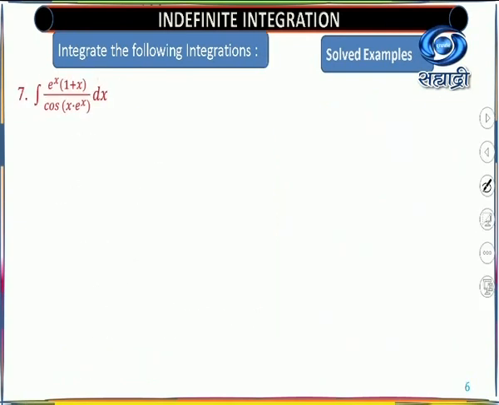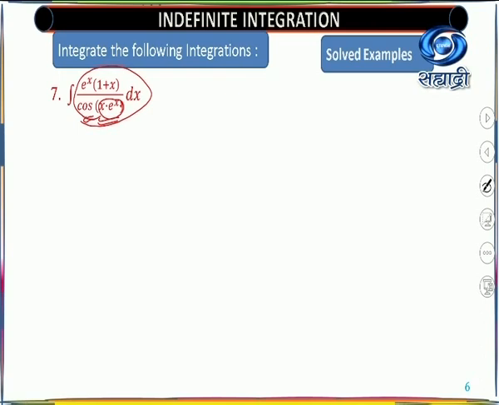Okay, next question is that 7th one, integral e raised to x into 1 plus x upon cos squared of x into e raised to x dx. Now look at here. What is this function? This function is a product of composite functions. So here you need to simplify. First you take the product of the function because cos is a simplified function.